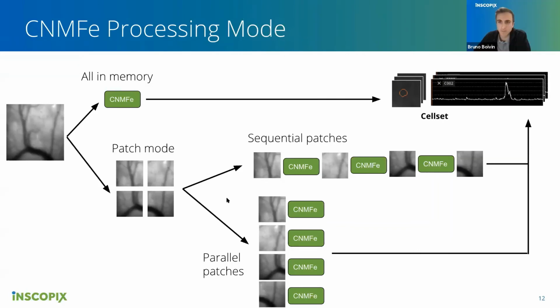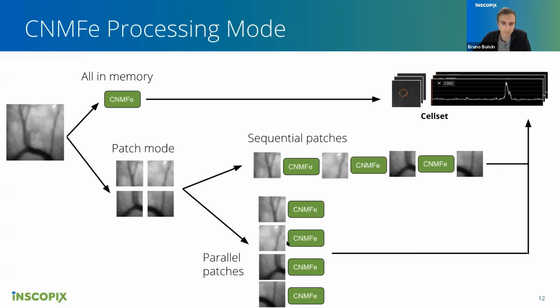And then at the bottom, you have what we call the parallel patch mode, which would be the fastest of all, but it would also consume a significant amount of memory. So you would need at least as much memory as the 4 patches that you're trying to process. The good news is you can always control the number of patches that you'll be processing in parallel at any given time.